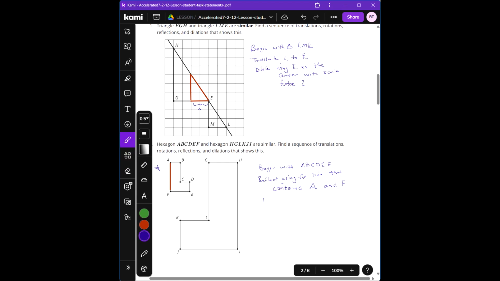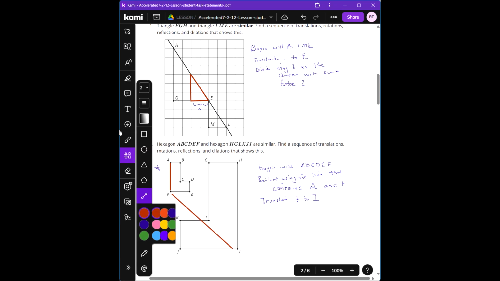And then we're going to translate F to I. So what we're now doing is we're taking our reflected shape and we're moving it here, right?